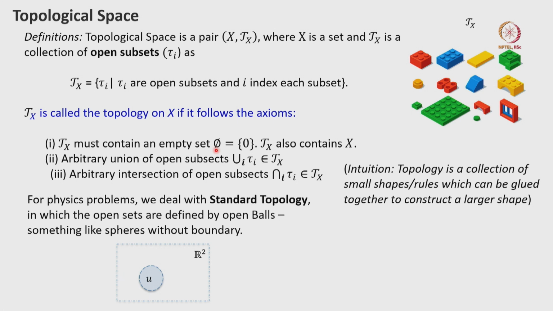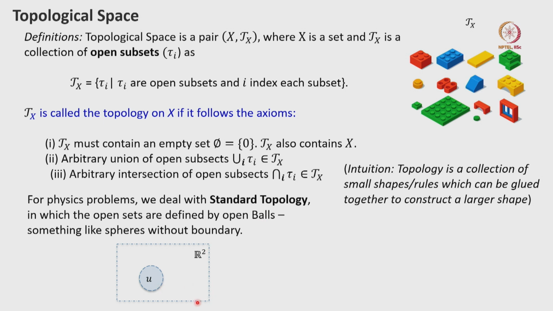What we will be interested in for physics is called standard topology. Standard topology, roughly, is what I alluded to, is open balls. The topology is made of open balls, and when we say ball we have in our mind a 3D one, but it can be defined for any dimensions. So, for example, in 2D the open ball will be more of an open disk, if you like, and that is what we define.